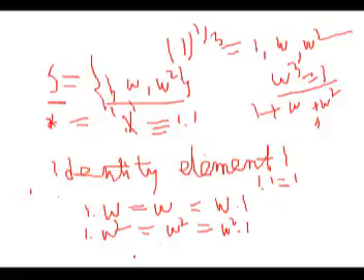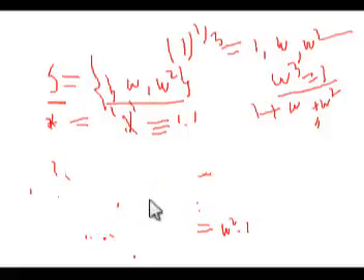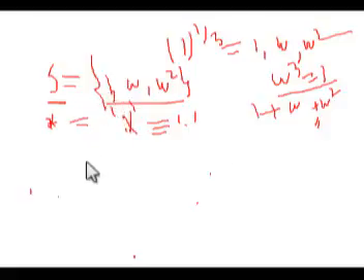And now we will take the inverse elements. To find the inverse elements, we have already found the identity element, which is 1. Now we find the inverse elements. 1's inverse element is 1, because 1 multiply 1 is 1.